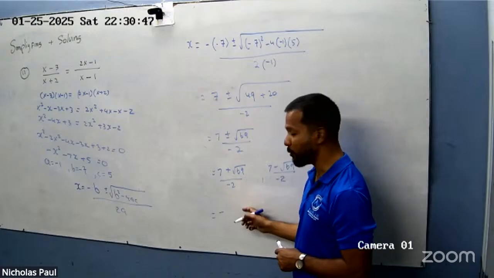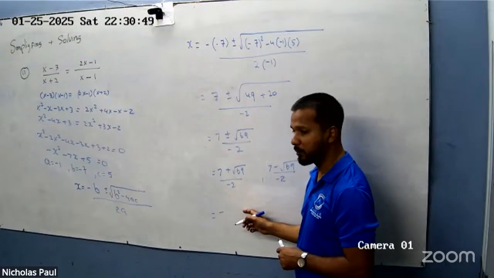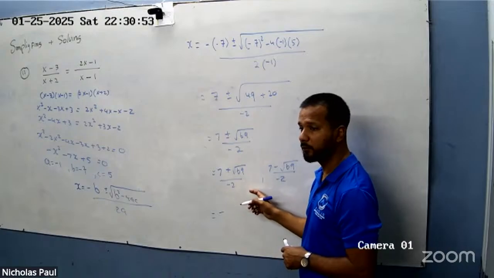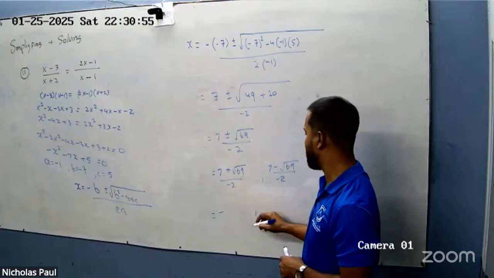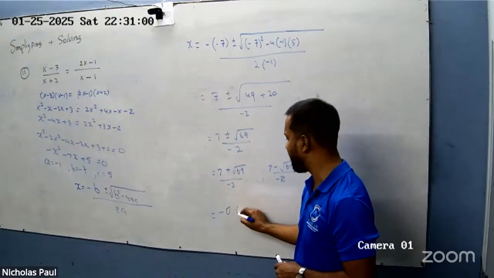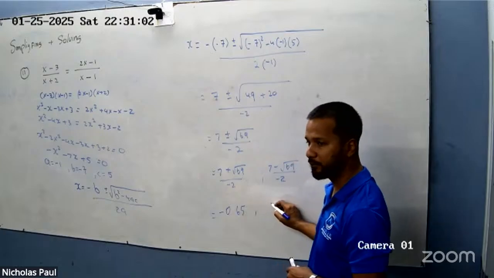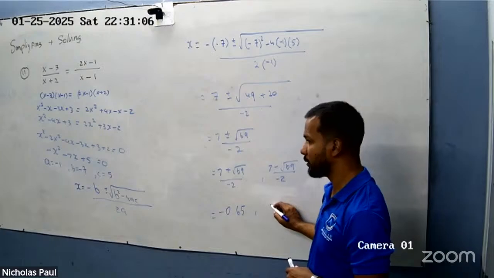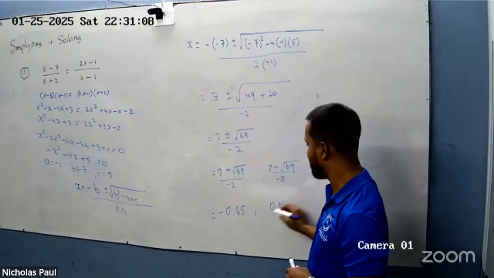Yeah, gotta work it out. Minus 0.65. And here's 0.65.